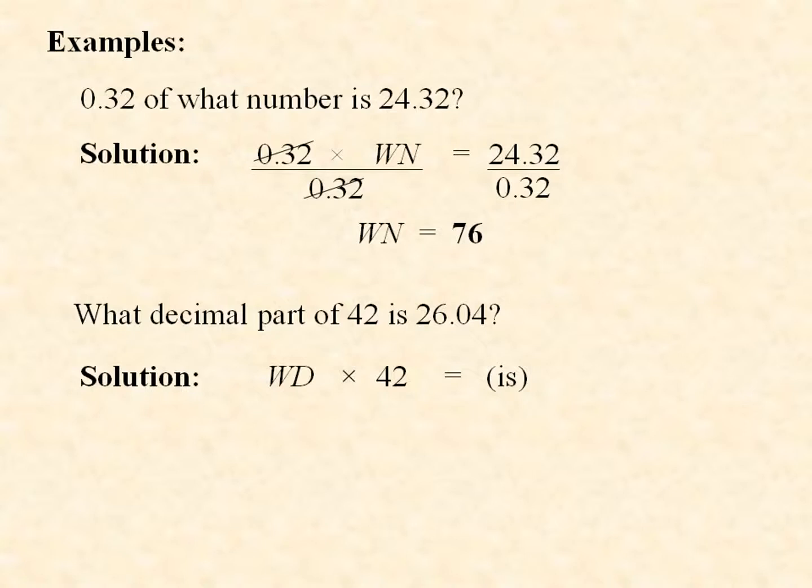The of part is 42, we have times 42, and the is part is 26.04. So we have WD times 42 is 26.04. We need to get rid of the 42, so we divide both sides by 42. 42's cancel. Pull out the handy calculator. 26.04 divided by 42 is 0.62.